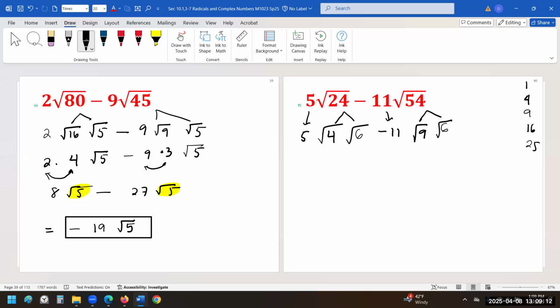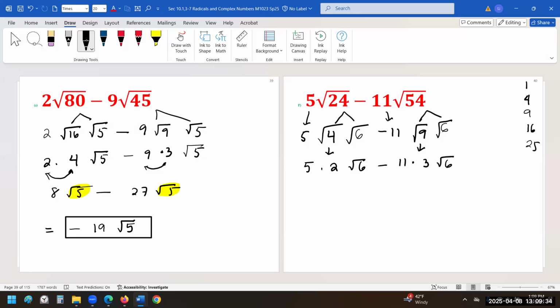What do we do after that, Tahsin? We have our 5, and what do you have from here? 2. We have our 11, and what do you have from 9? 3.